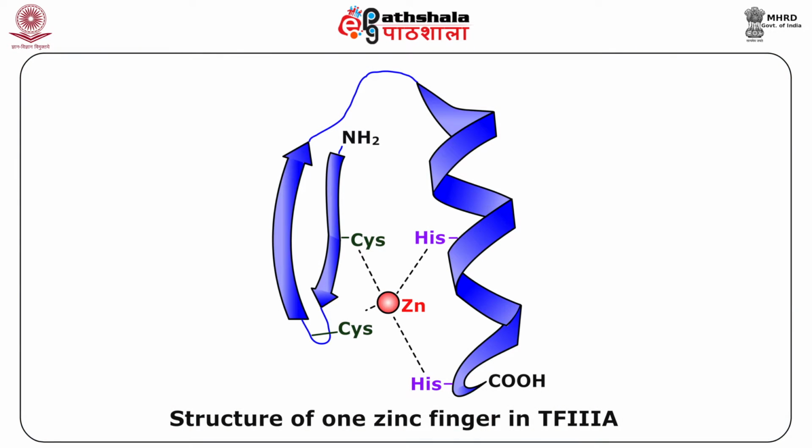The coordination of 2 cysteine residues, which are 2 to 4 amino acids apart, with zinc induces the formation of an N-terminal antiparallel beta-beta loop structure in the TF3A, as shown in the figure.